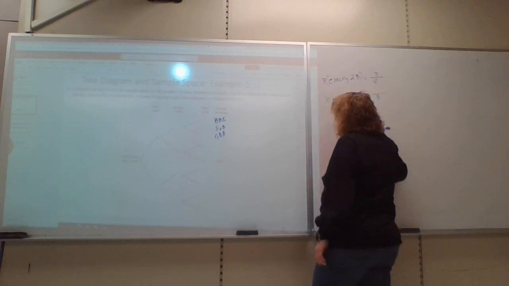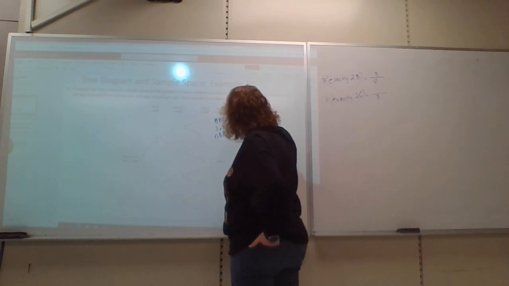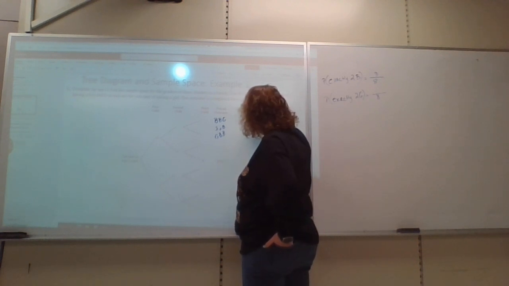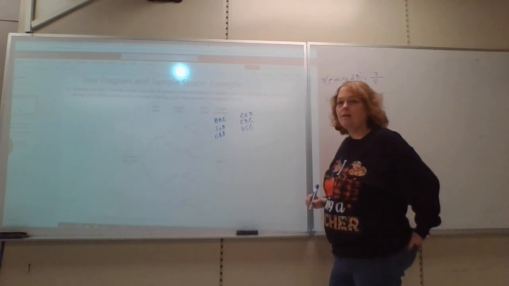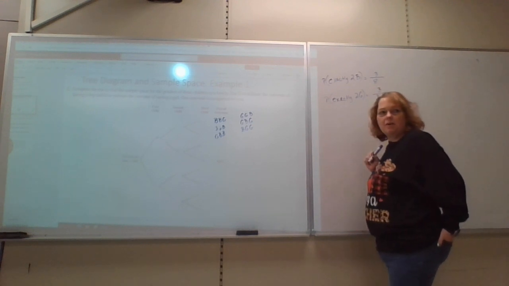Over 8. So what would we have? We could have a GGB, right? A GBG, or I could have had a BGG, right? Yes. That would be 3 over 8, 8 being the total.